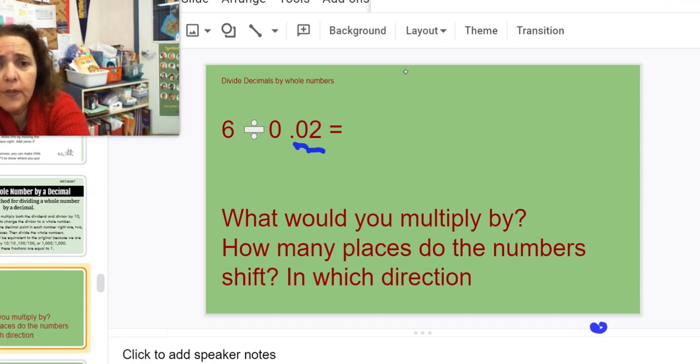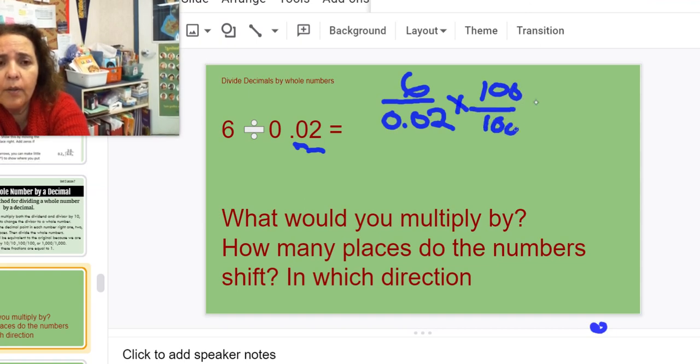So I could do it 6 over 2 hundredths, and basically I would want to multiply top and bottom by 100, okay, which is basically 6 times 100, which is 600.